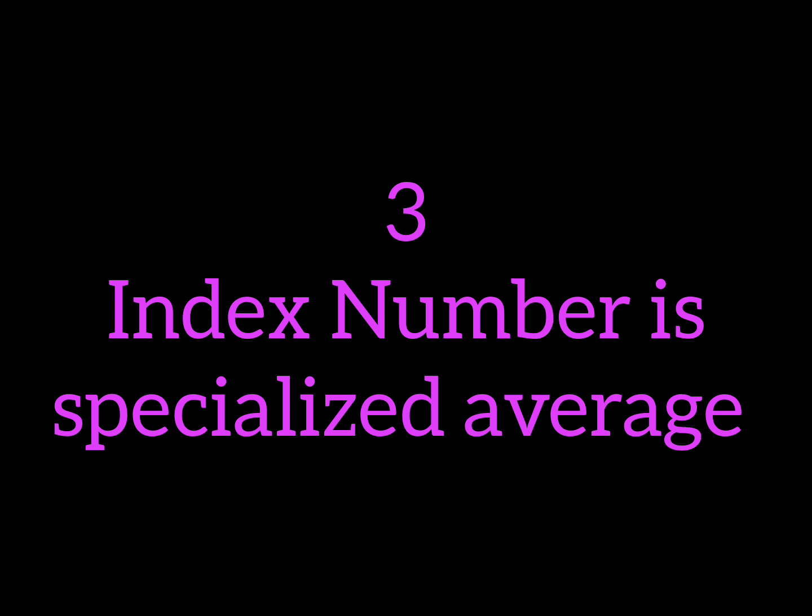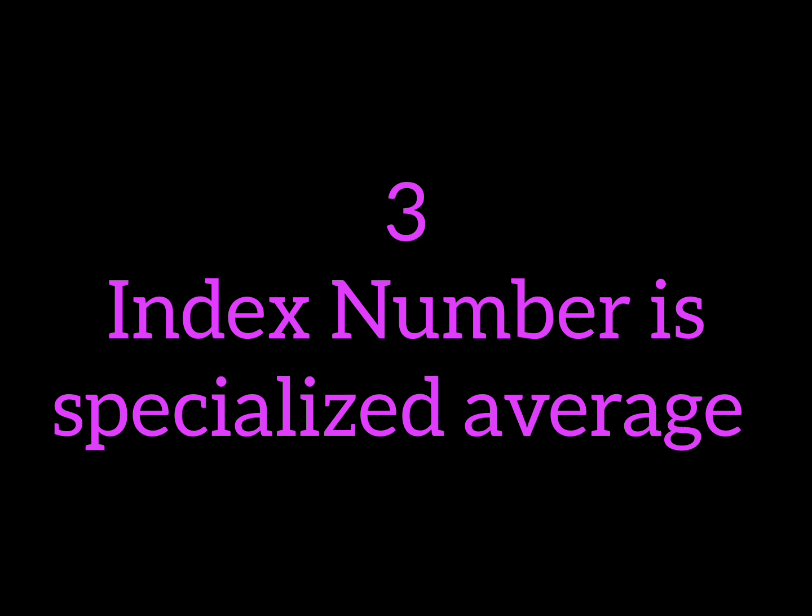For example, you can say males or graduates or senior citizens, etc. But index numbers can be used to compare situations where units of measurement and or composition of series are not the same. In this case, index numbers are specialized averages.